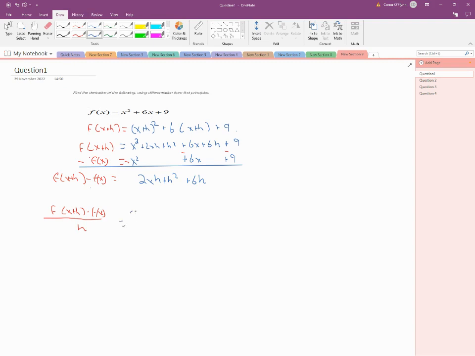So that gives me this, and then my last bit, I'm basically saying as h approaches 0, so the limit as h approaches 0. If h is 0, what would I be left with? That'd be just 2x plus 6, which I'd be expecting to get as a normal differentiation.